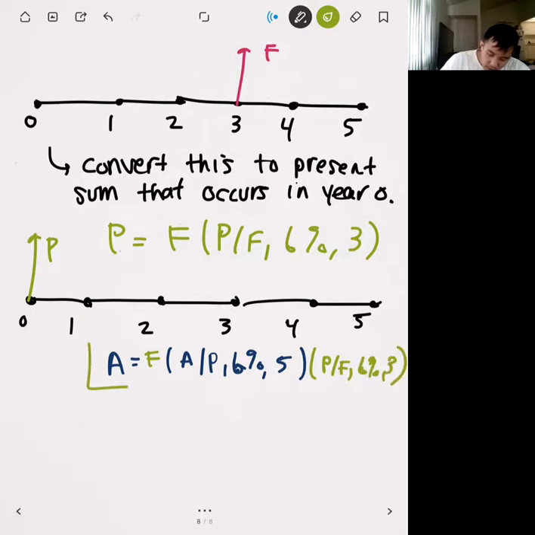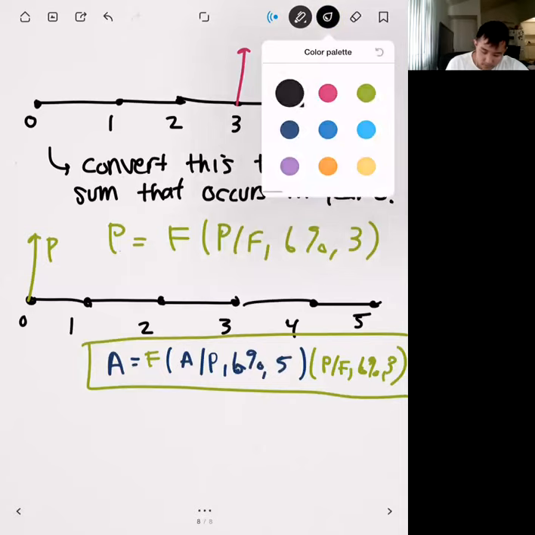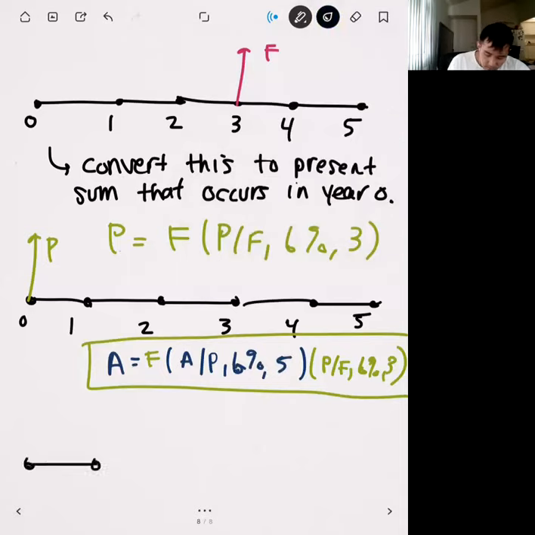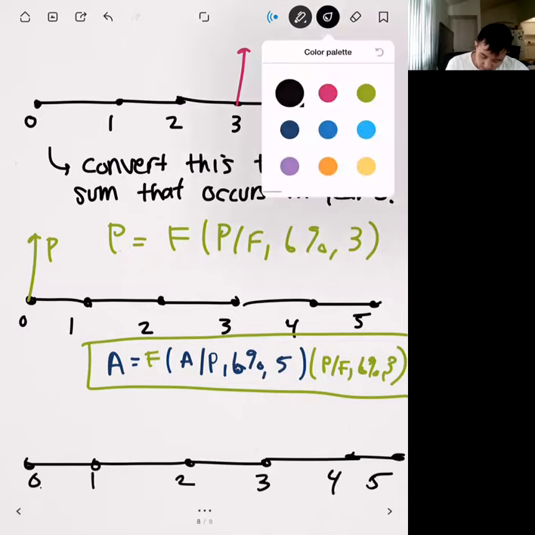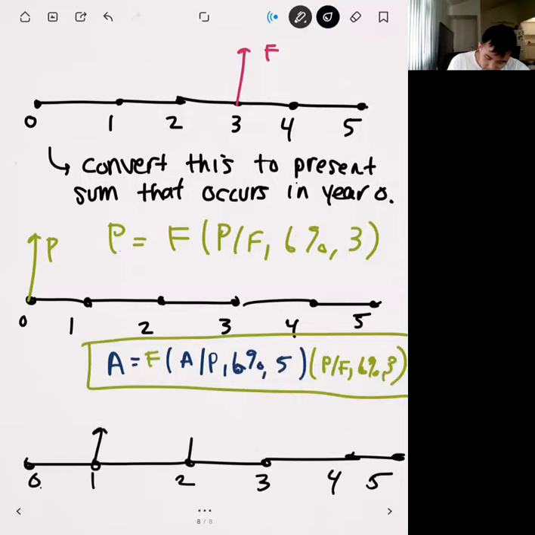Yet again we have an expression with multiple conversions, and the end result will have a uniform series that looks like this. This is exactly the form that we want for this problem, because we wanted a uniform series that spanned all 5 years.